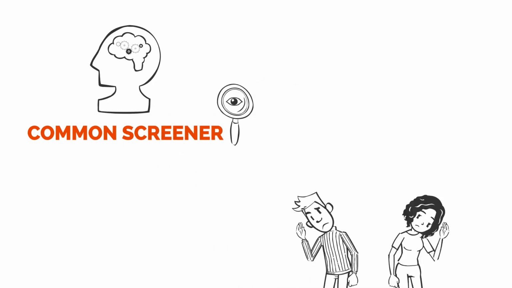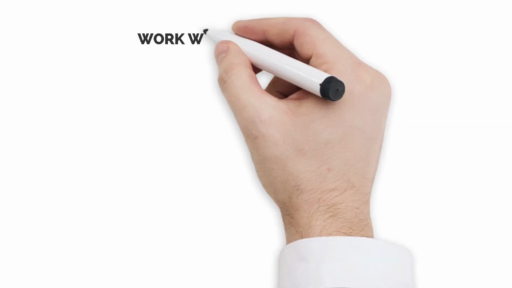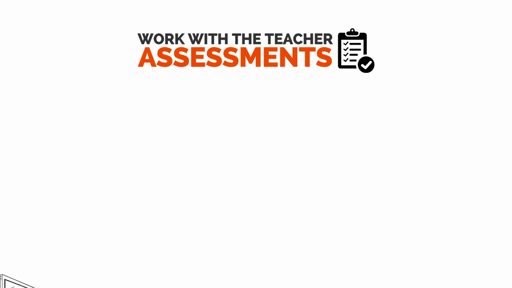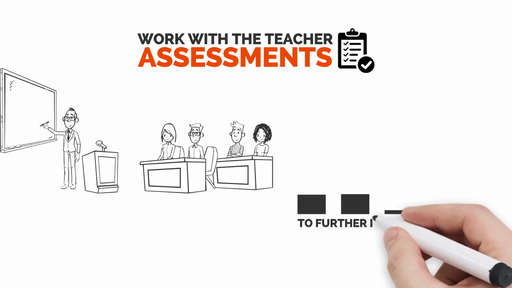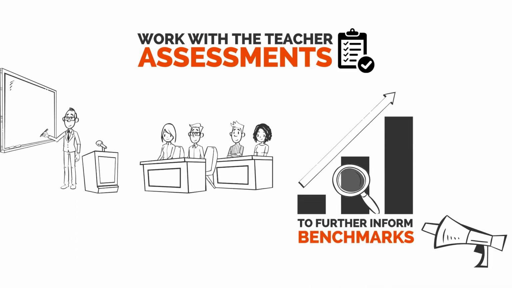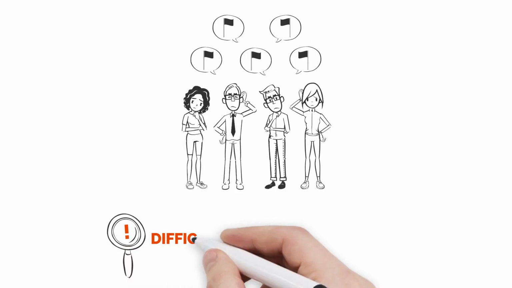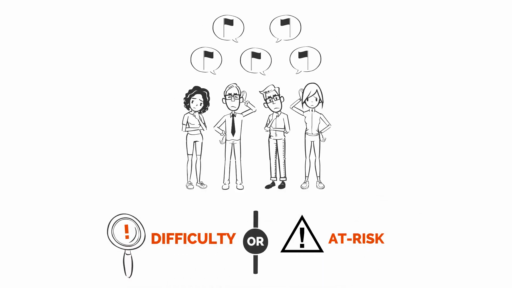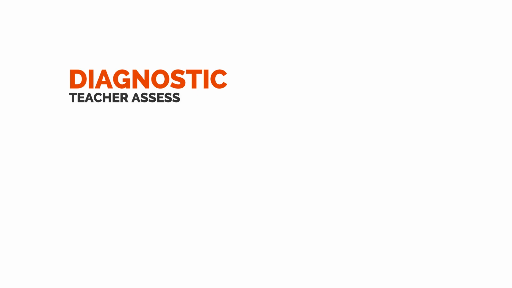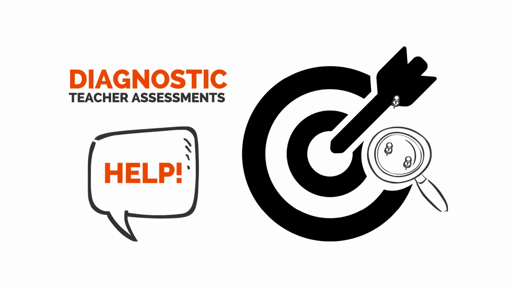These are utilized as a common screener to see which students are having difficulty and then work with the teacher assessments that are happening in the classroom to further inform those benchmarks. For those students who are flagged as having difficulty or at risk, diagnostic assessments help to pinpoint the specific areas in need of support.